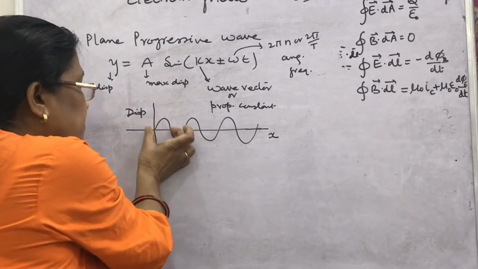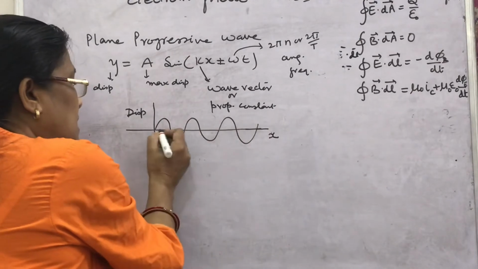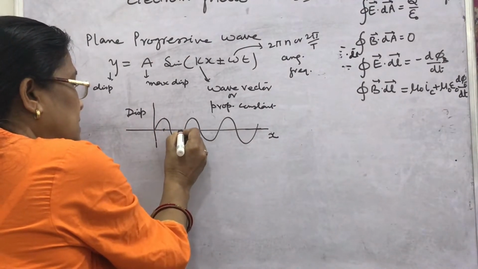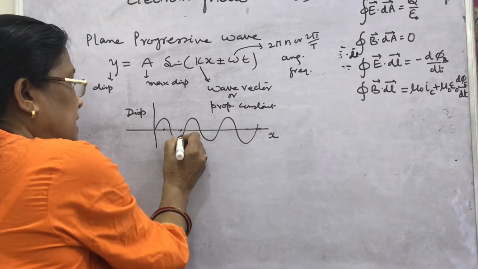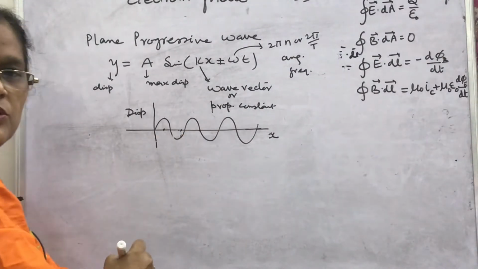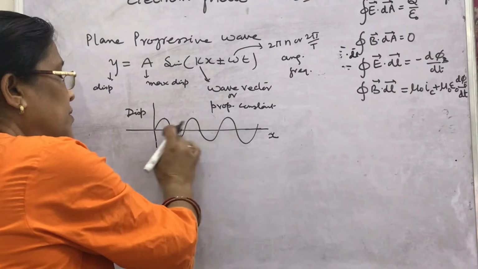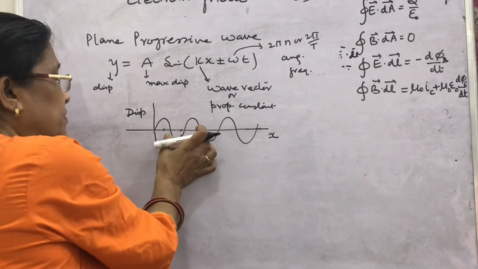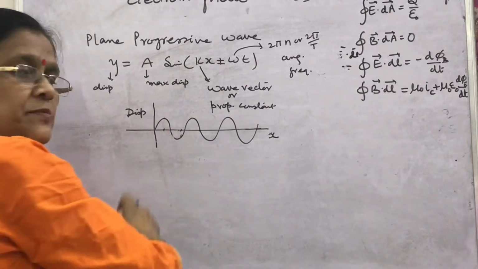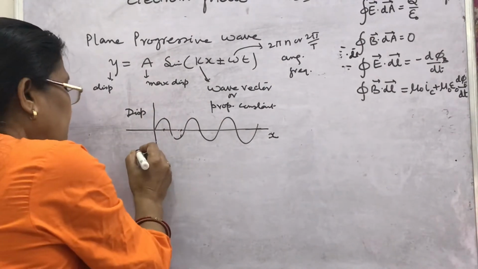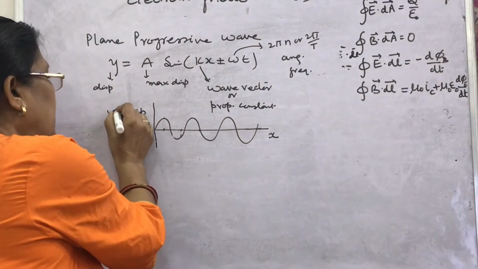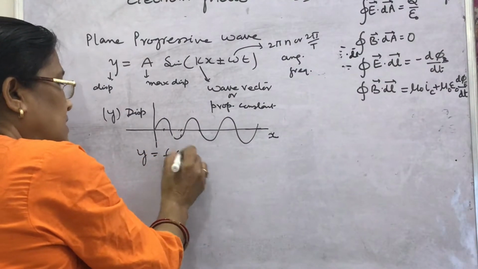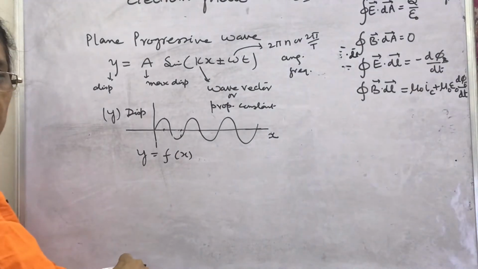At this point displacement is maximum, at this position displacement is in the opposite direction, at this point displacement is 0. So different points are at different positions and have different displacement. You can write this displacement as y, then y is a function of x.